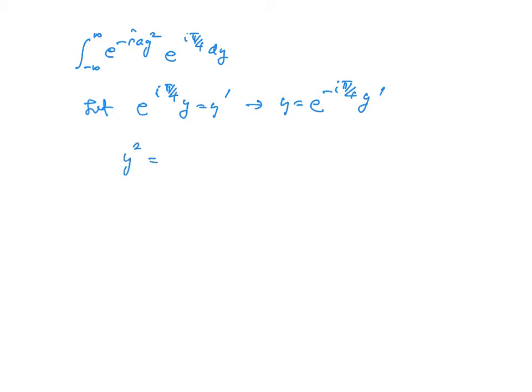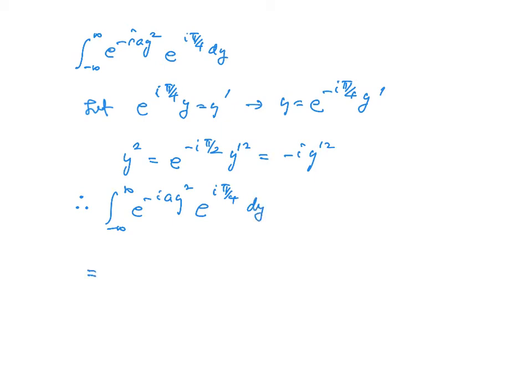Then y square is exponential i pi over 2 y prime square, which is i y prime square. So the integral from minus infinity to infinity of exponential minus i a y square dy is the same as the integral of exponential minus a y prime square dy prime times exponential i pi over 4, which is square root of pi over a.